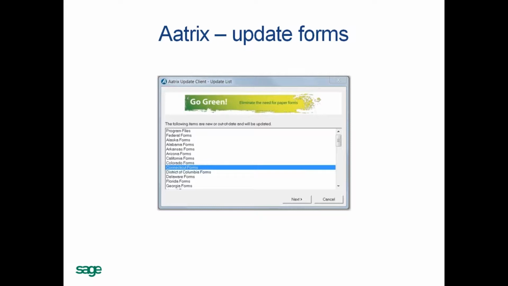And so you let it go through and let it generate this list, and then you're going to click the next button again, and it's going to go through and update all of those forms. When it's done, it'll tell you that it's completed, and then you need to click the close button. So it doesn't take you right into the program after it does the update. Once the update is done, then you can go back to tasks, either state forms or federal forms, and it'll go into the program.